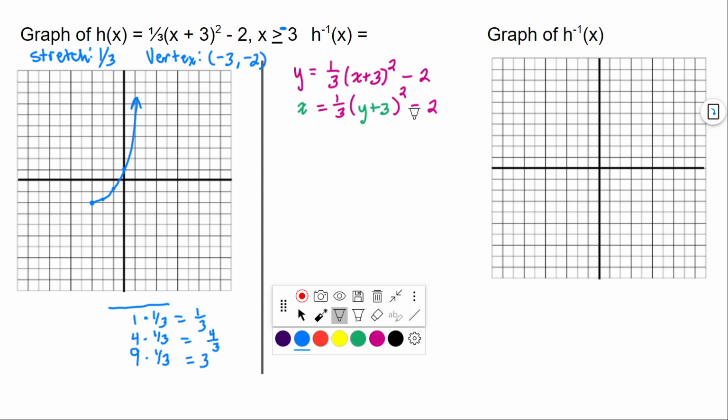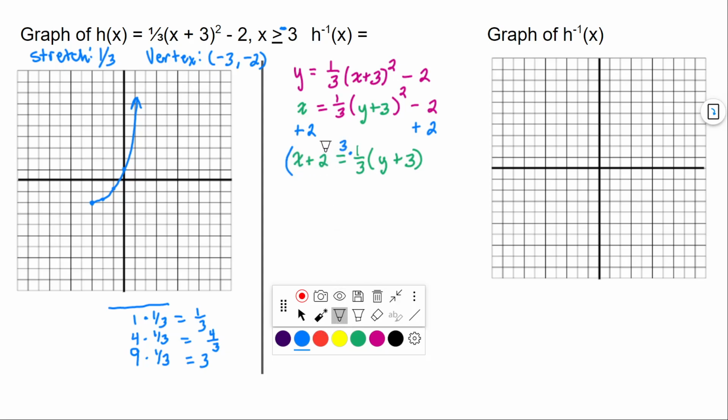The first thing I'm going to undo is the minus 2, and that's by adding 2. So we're going to have x plus 2 equals 1/3 of (y plus 3) squared. To undo the multiply by 1/3, I'm going to multiply both sides by 3.